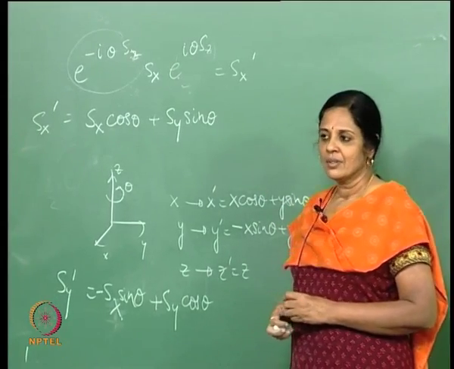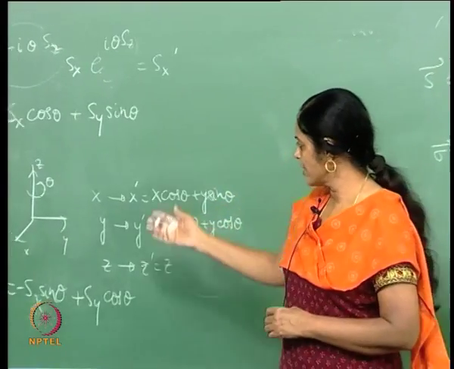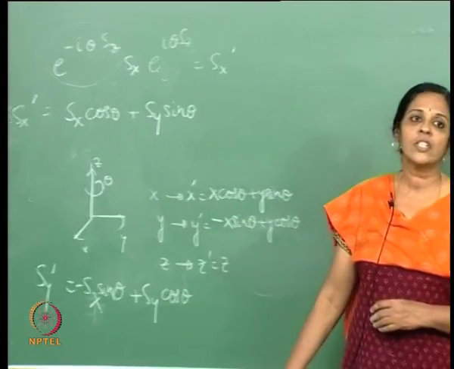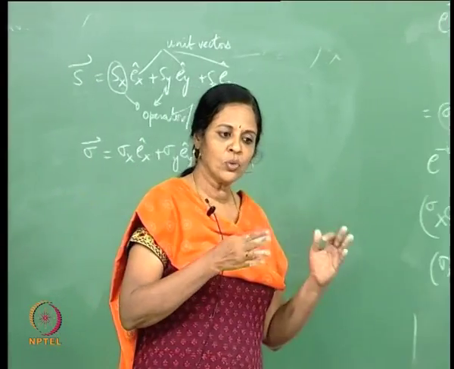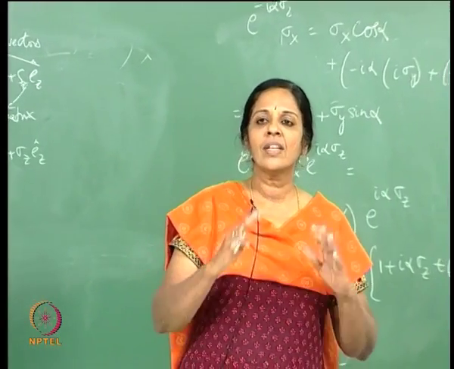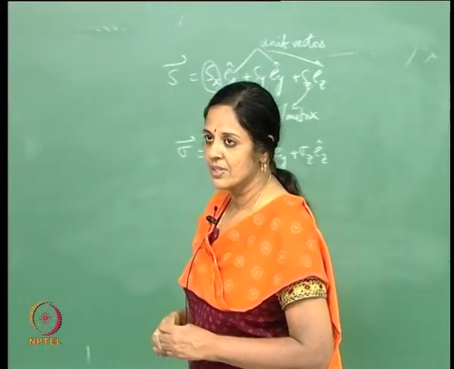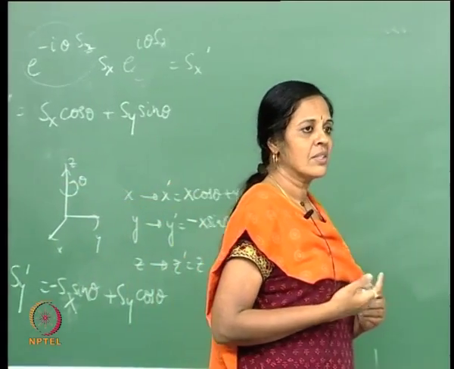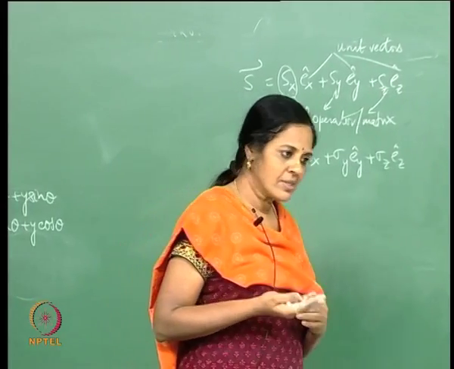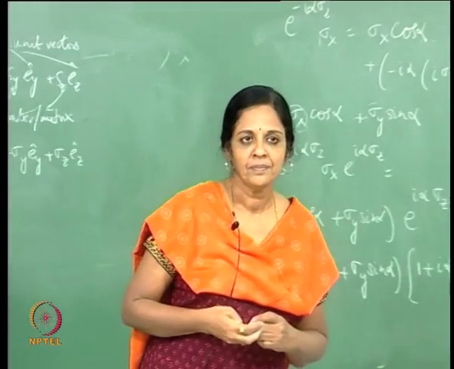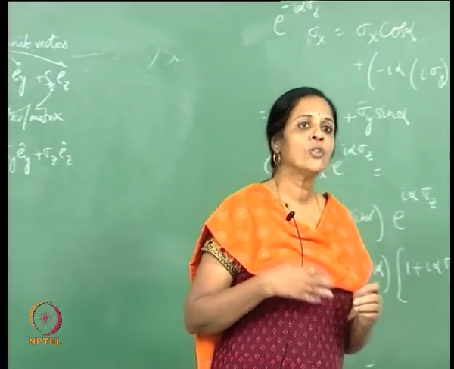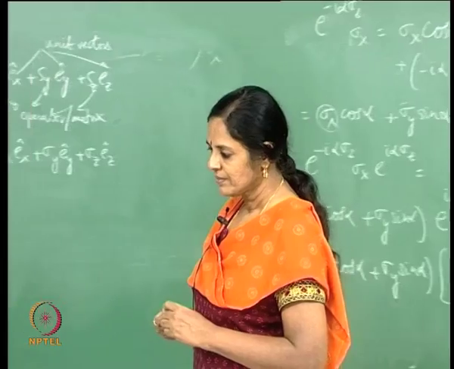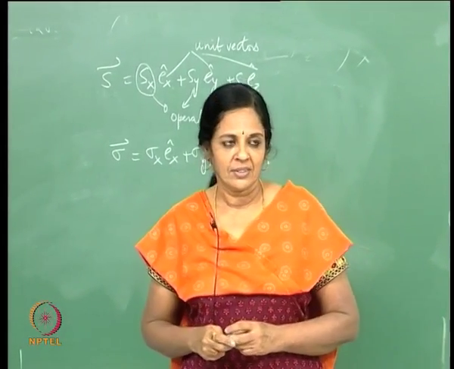Associativity is also there, because I could have done a space rotation in this context by theta 1 plus theta 2 and followed that up with a space rotation by theta 3, or I could have first done theta 2 and then followed it up by a rotation by theta 1 plus theta 3. So there is an associativity property. For every rotation there is a unique inverse, because if I rotate by an amount theta in the clockwise direction, I could well derotate it by a different angle so that there is no net rotation. There is a unique identity which is zero rotation.